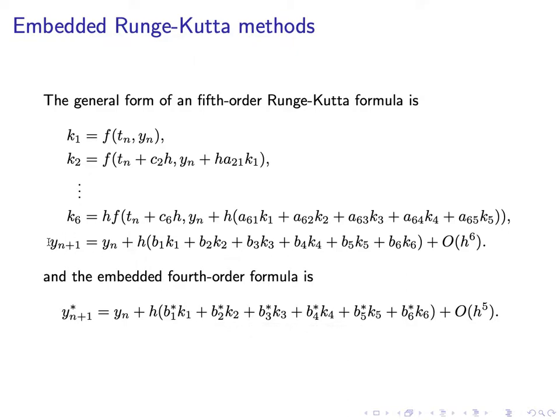So we have a fifth order method, but without recalculating k1 up to k6, we could also calculate a fourth order method. Okay, so notice we have additional values of b1, b2, which are denoted by the star, and this fourth order formula is denoted by that star.